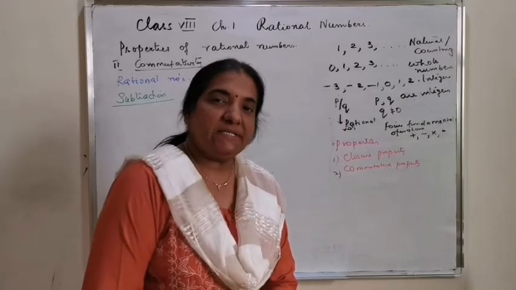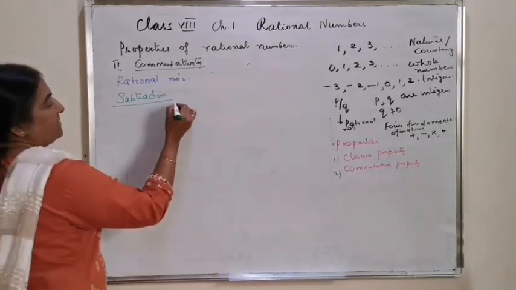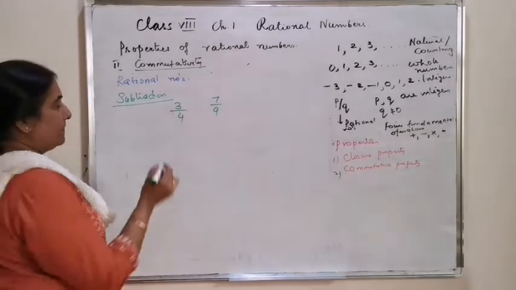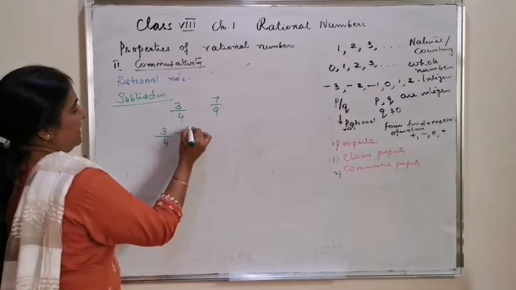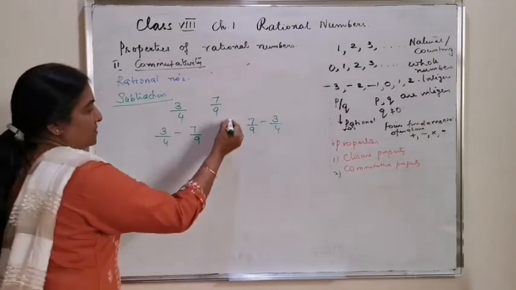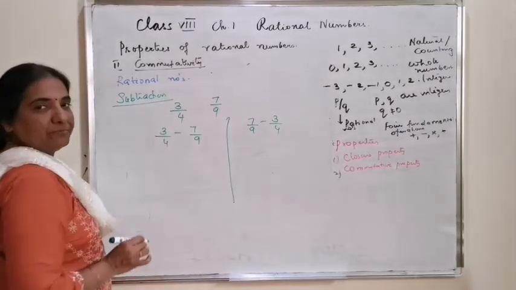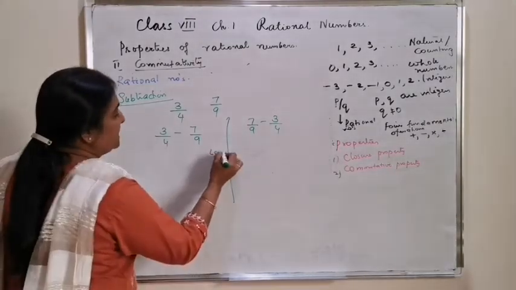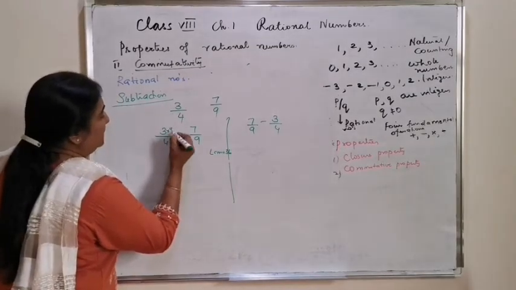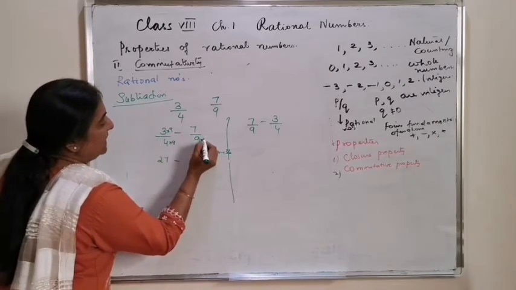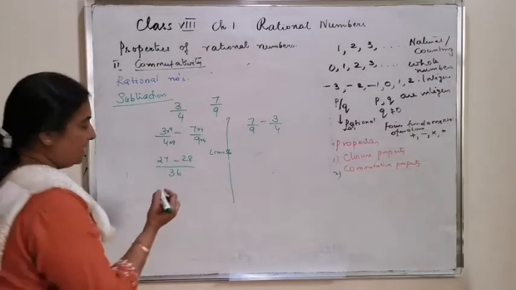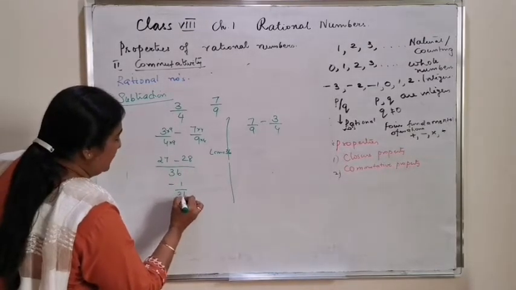Subtraction of rational numbers. Take two rational numbers, 3 by 4 and 7 by 9. 3 by 4 minus 7 by 9, and 7 by 9 minus 3 by 4. Check the answers. For 4 and 9, the LCM will be 36 since they do not have any common factor. 3 into 9, 27, minus 7 into 4, 28, by 36, or it is minus 1 by 36.